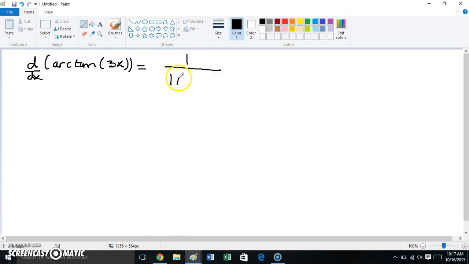So 1 over 1 plus the quantity 3x squared in this case. But remember, since the inner function was not a plain old x, I must multiply by the derivative of the inner function. So that would be 3 over 1 plus 9x squared.